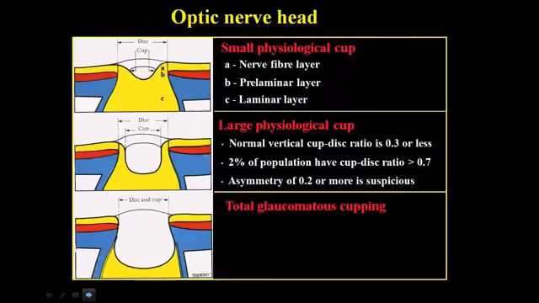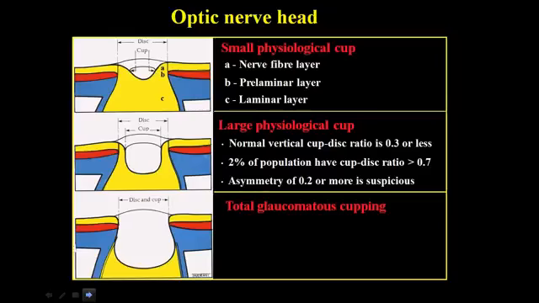But in glaucoma, as the disease progresses, the optic nerve fibers start to undergo apoptosis, or they start to die, and this results in thinning of the nerve fiber layer, resulting in enlargement of the physiological cup. Now when it enlarges, it no more remains physiological.